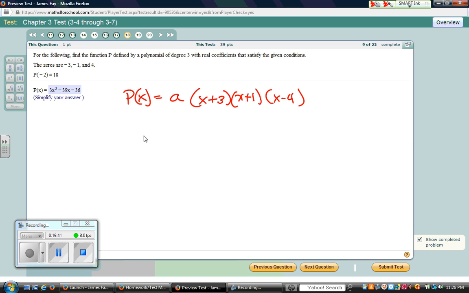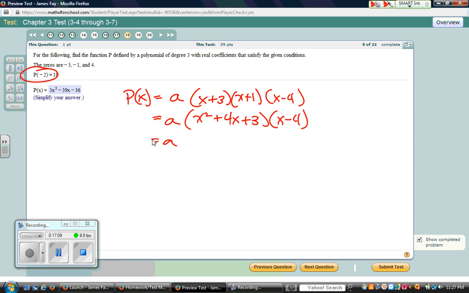I'm going to put an a out here, and that's where this number is going to come into play. Multiplying these first two, x squared plus 3x plus 1x is 4x plus 3, and I have my x minus 4 here.